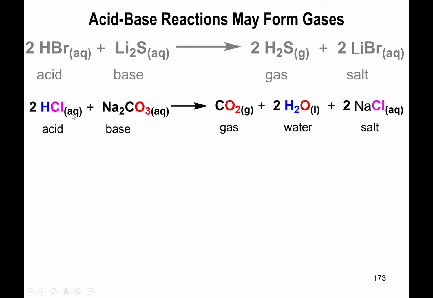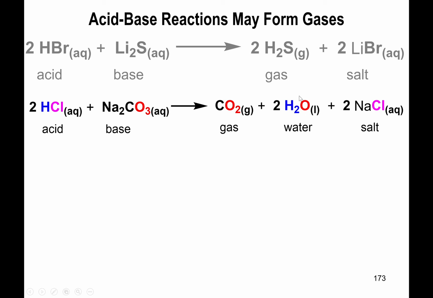So anytime that you mix an acidic substance with a carbonate salt, you will see bubble formation, gas evolution, and specifically that gas is going to be CO2. This is one that you definitely need to remember. Formation of CO2 gas from carbonate and bicarbonate will be something I will expect you to remember.